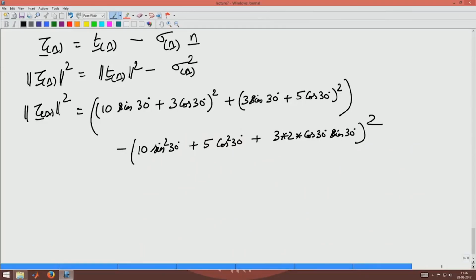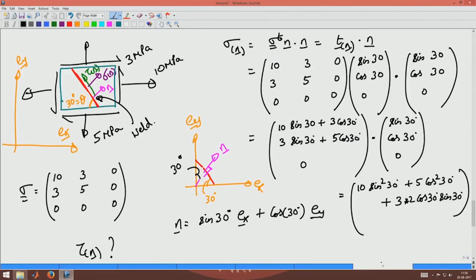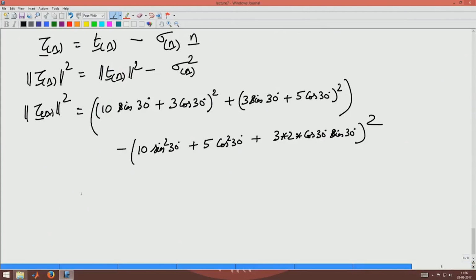Okay. Now, one way is to find the normal and shear stresses using the approach that I showed here. The other way is to go here and say that I am rotating this Ex axis to match with this normal n. Okay. So, I have Ex, Ey.